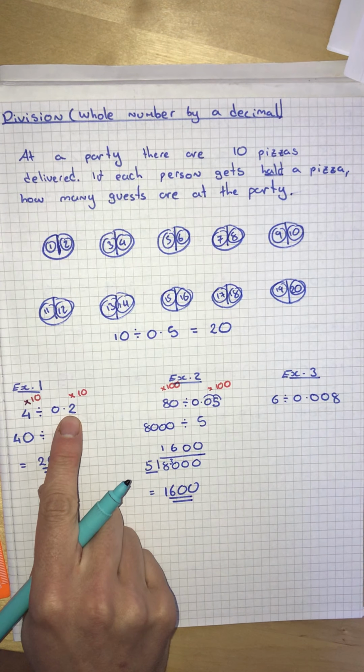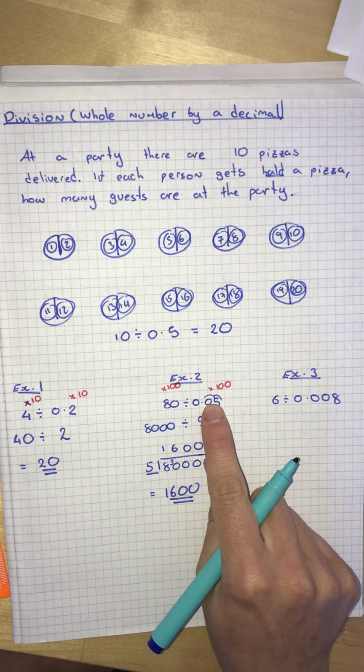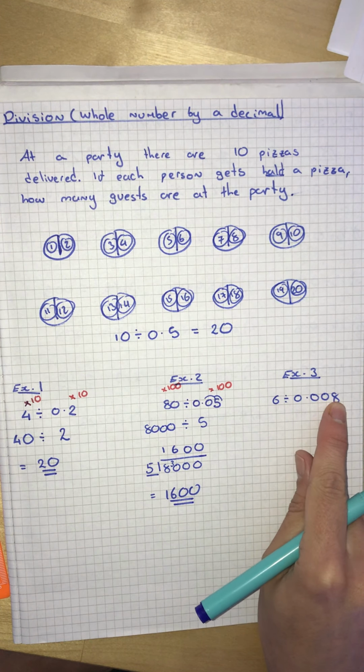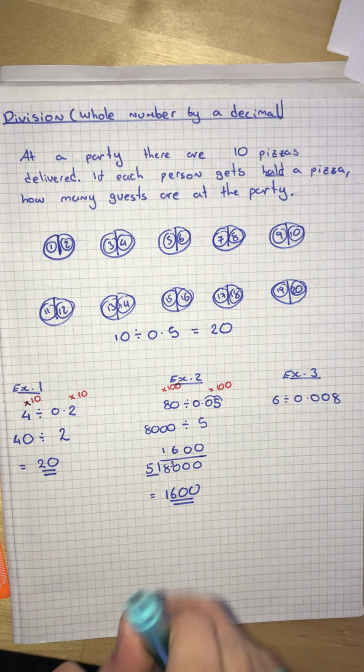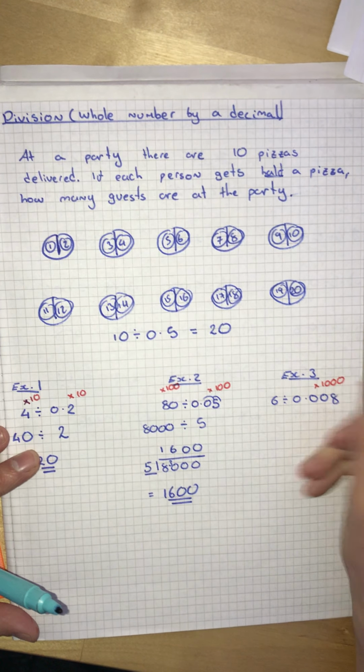So there is one digit after the decimal point, multiplied by 10. So when there's tenths, we did it by 10. Hundredths, times it by 100. We've now got 3 digits after the decimal point, which means that's tenths, hundredths, thousandths. So to make this into a whole number, I'm going to times it by 1,000.